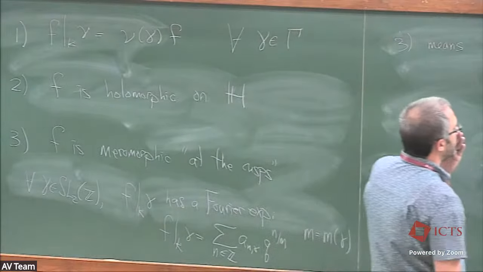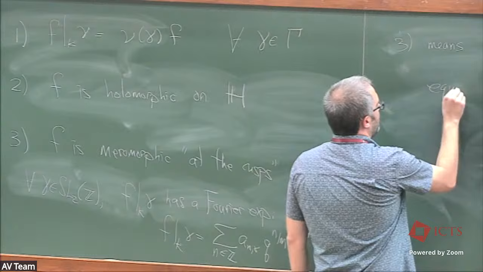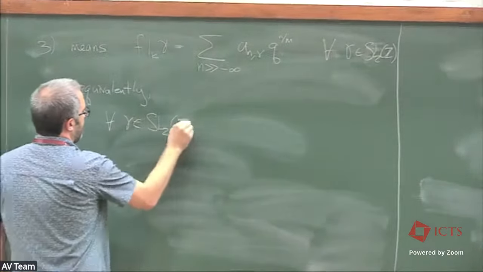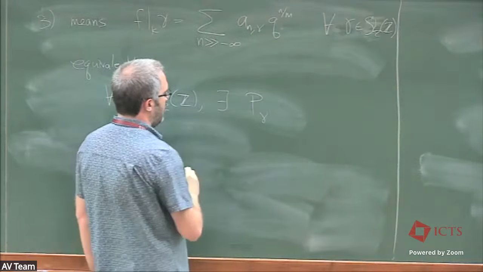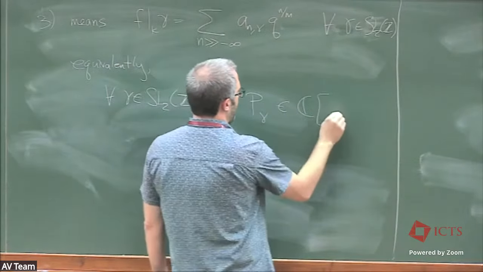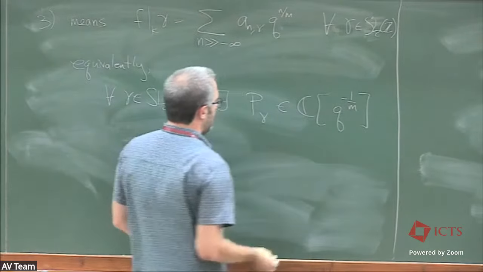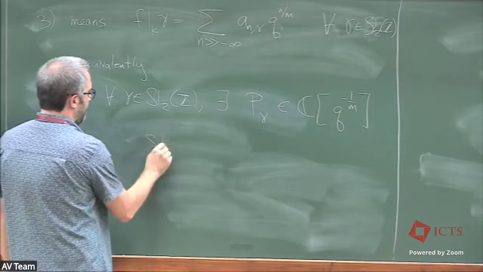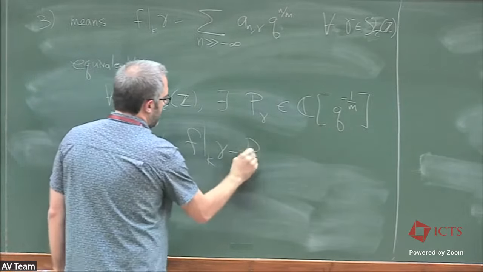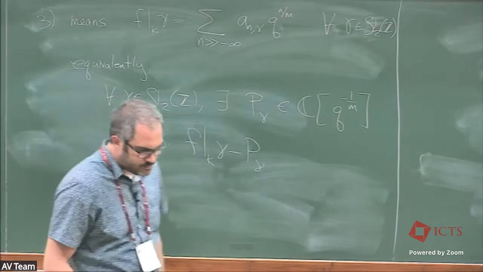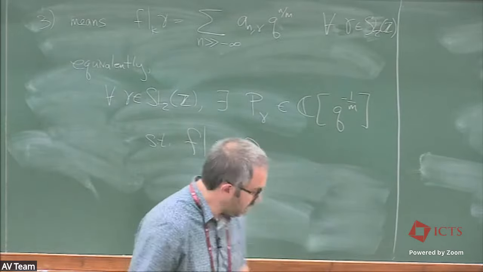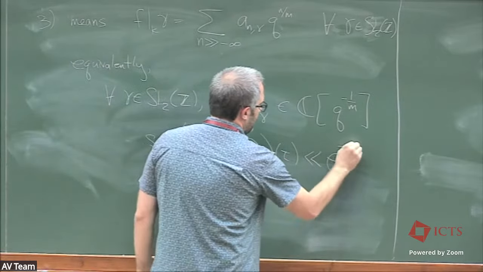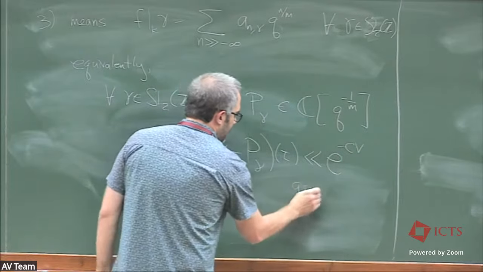Okay, another way to say this, equivalently: for each gamma in SL2Z, there exists a polynomial P sub gamma, a Laurent polynomial in q to the minus 1 over m, such that f slash k gamma minus P sub gamma decays exponentially, like e to the minus c v as v goes to infinity.